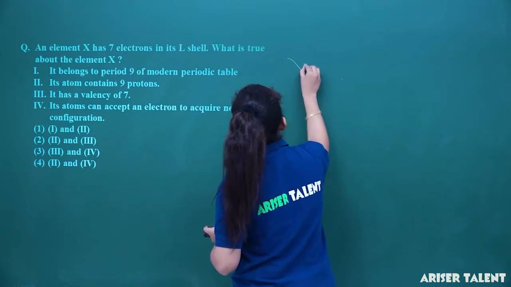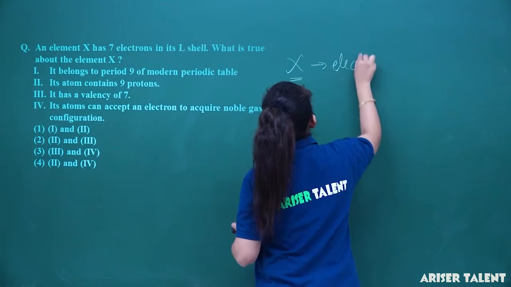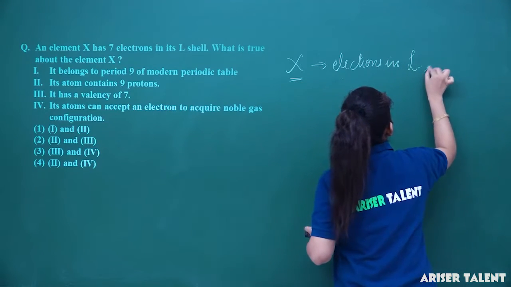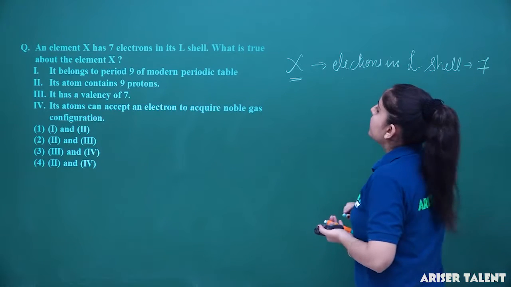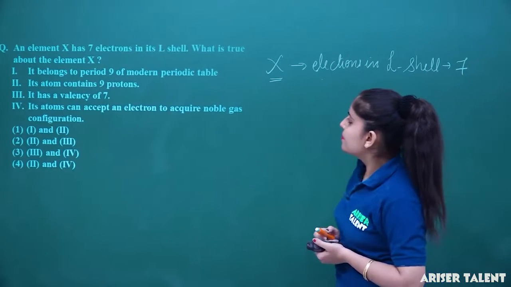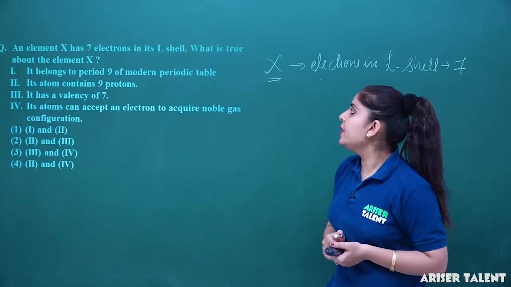So what is given here? Element is X and electrons in the L shell is 7. Now you have to identify the statement which is true for the element X. It belongs to the period 9 of the periodic table.